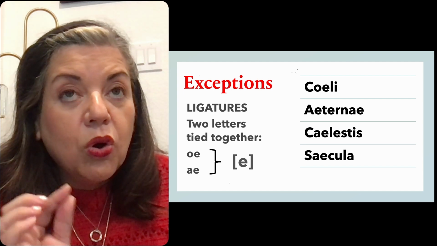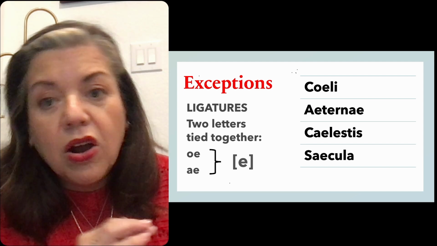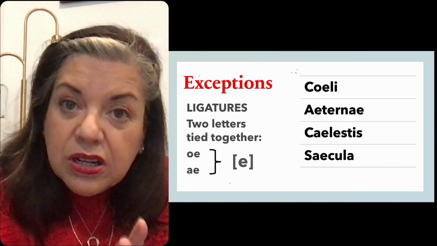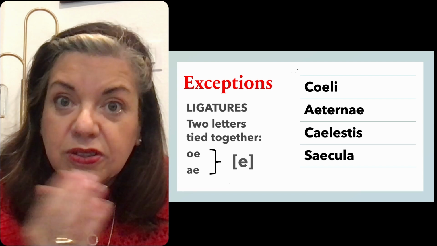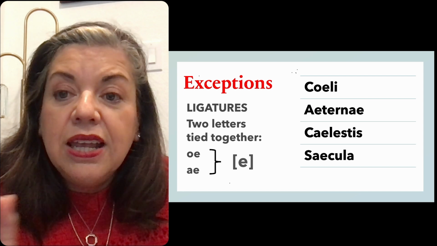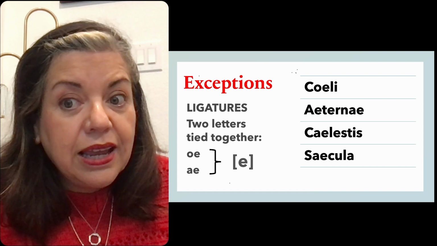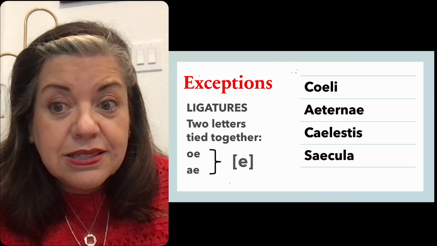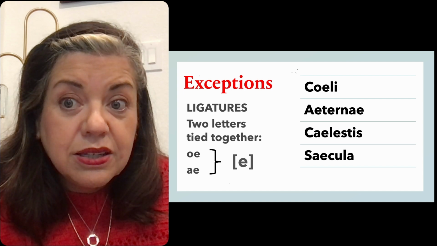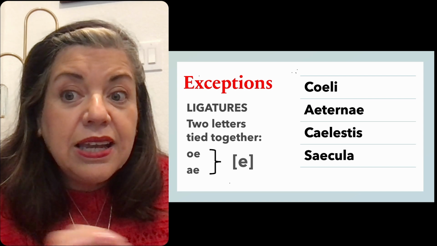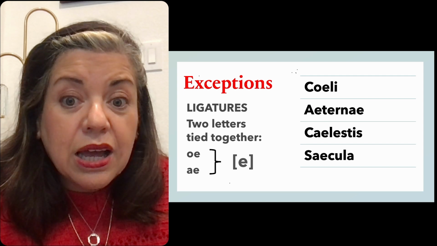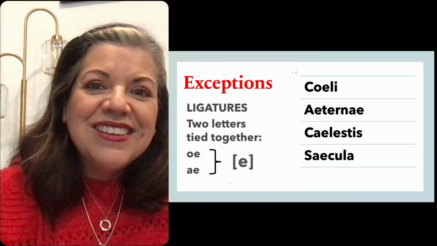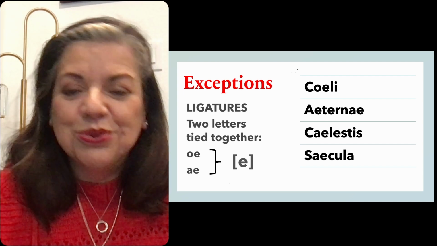So remember, OE and AE are called ligatures, and when they're together, they're going to have the sound E. Particularly in these words: celi, eterne, celestis, secula. Celi, eterne, celestis, secula. All right? So that's an exception to the rule there.